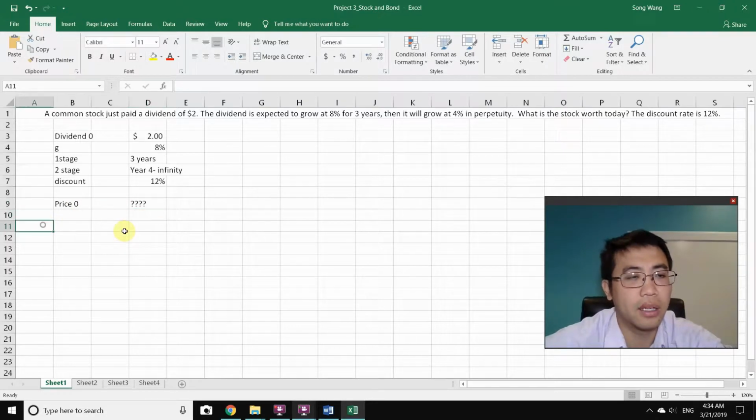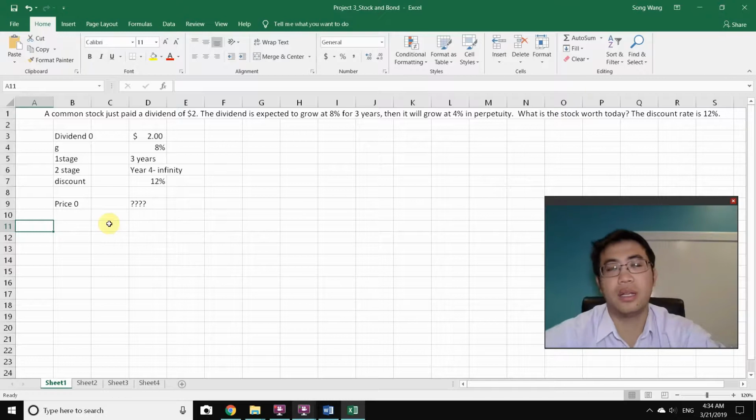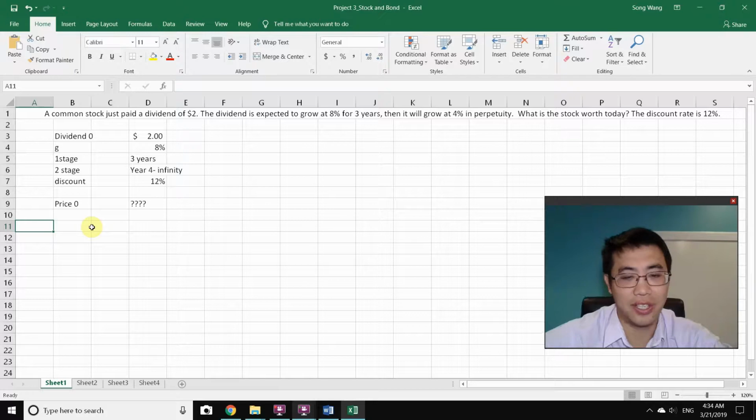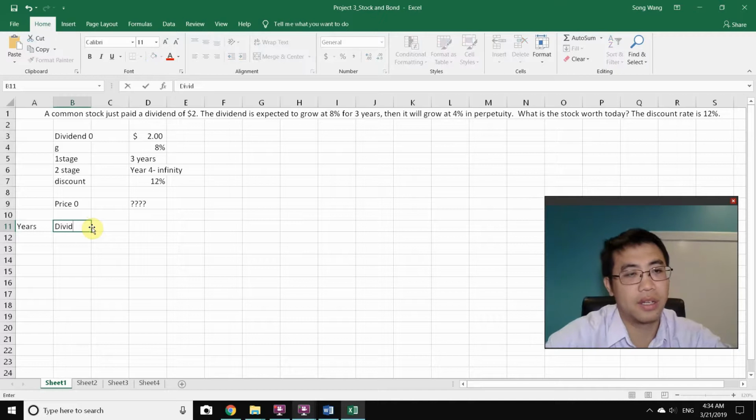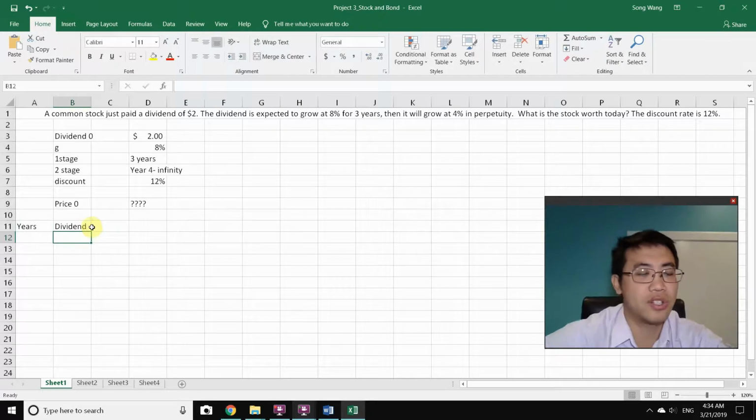All right, let's just do a very basic simulation method. Let's say you have many years, and you need to calculate the dividend for all these years.